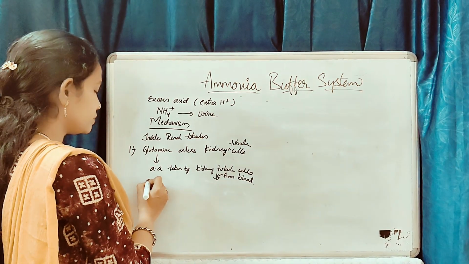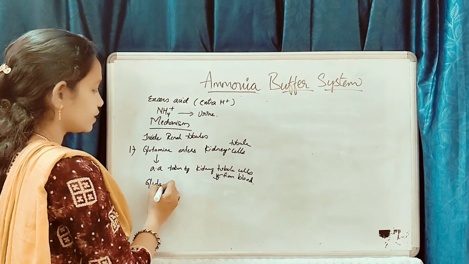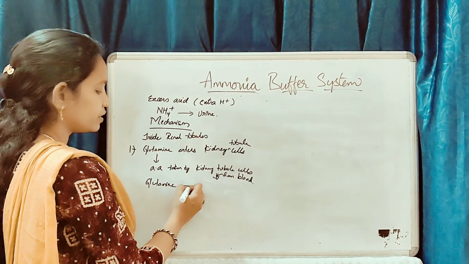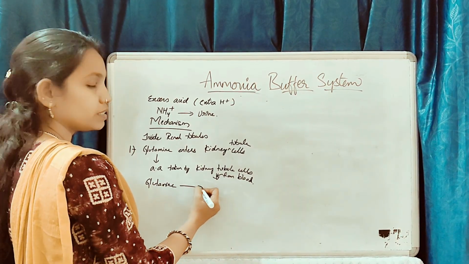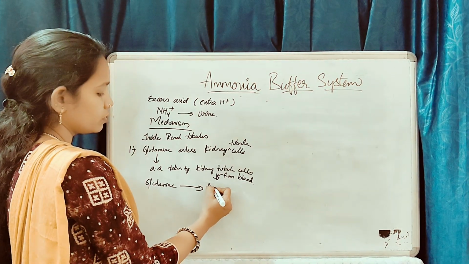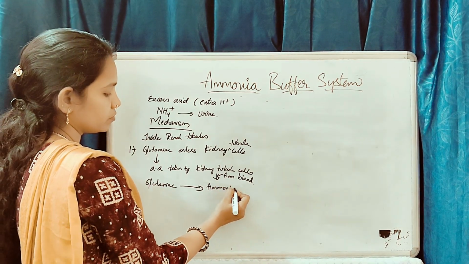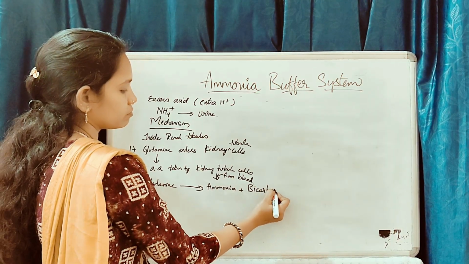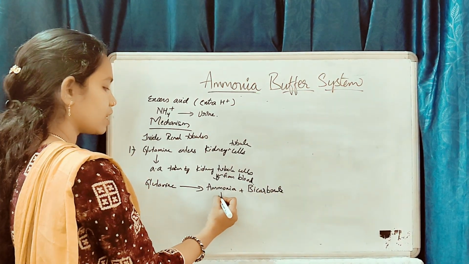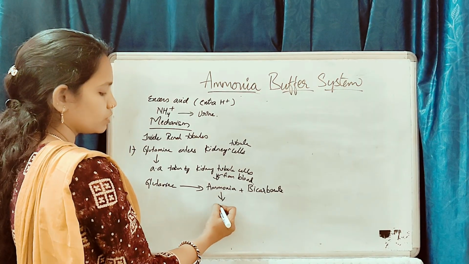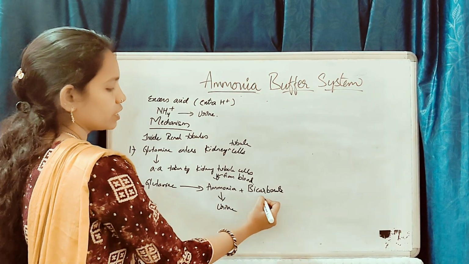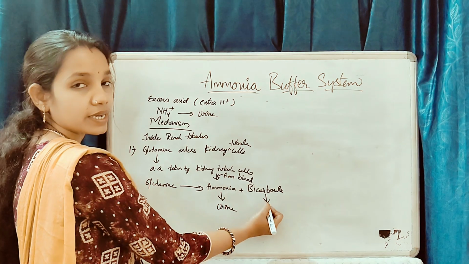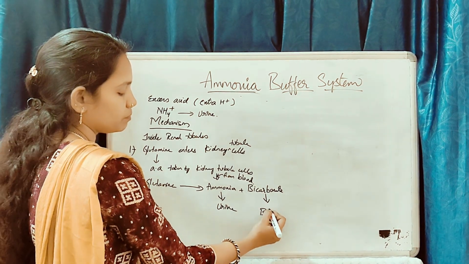So now this glutamine inside the kidney tubule cells will be broken down into ammonia and bicarbonate ion. Now this ammonia will go into urine and the bicarbonate ion again enters into the blood.